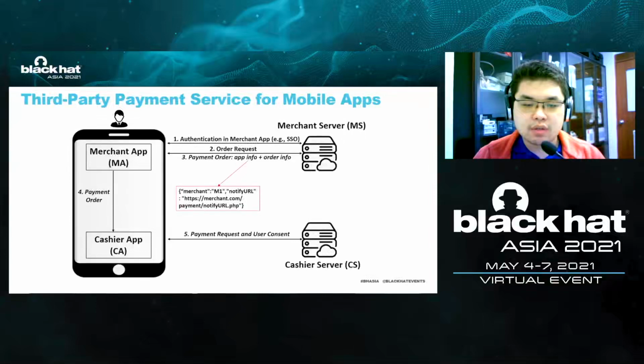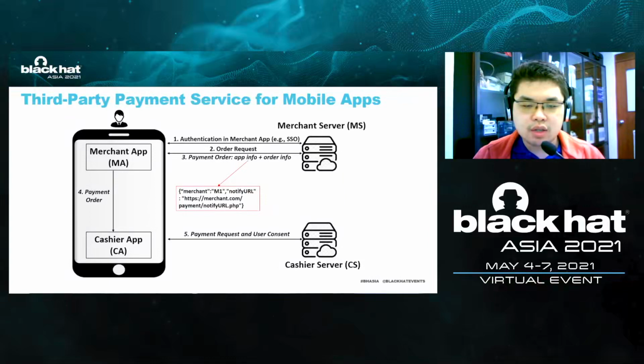Then, the merchant server will respond with a payment order in step 3, which contains app information and other order information. The app information here includes an important parameter called notify URL, and we will use it later.